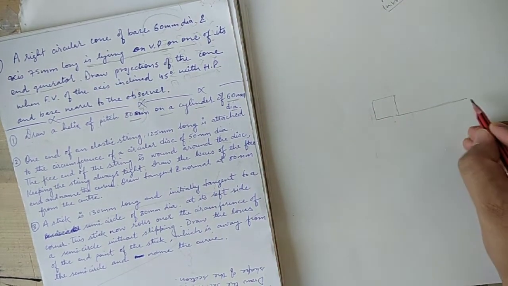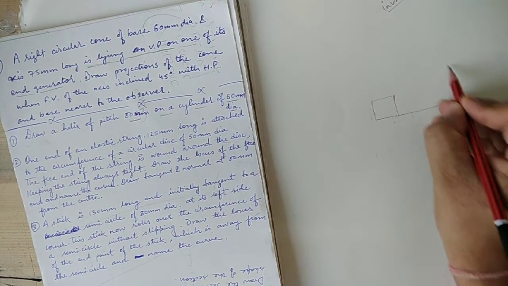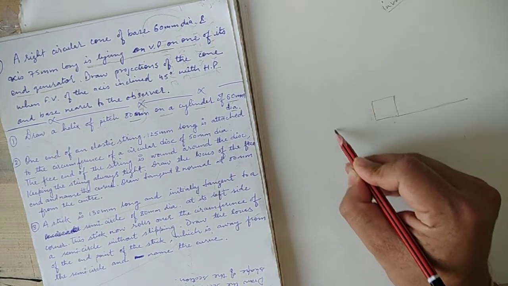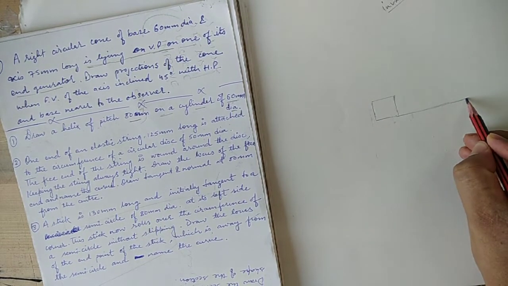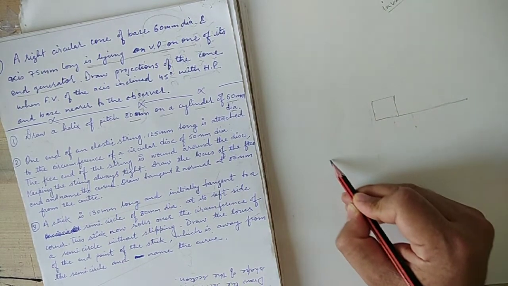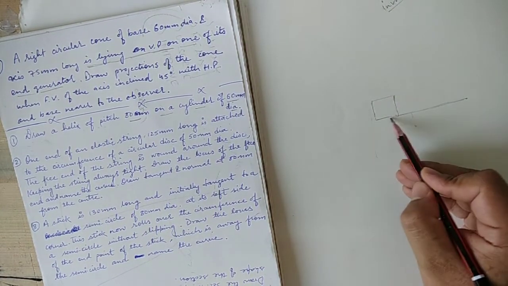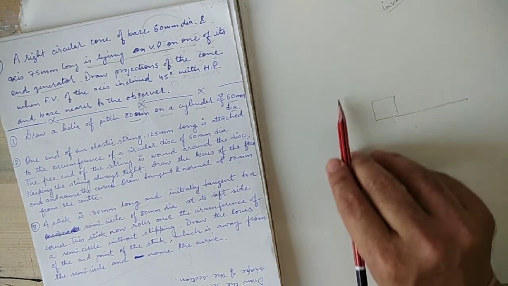So this end point will trace some path. That locus path we will say is an involute curve. The path traced by this end point of the string when we wrap this string around the square, that path we call an involute curve.